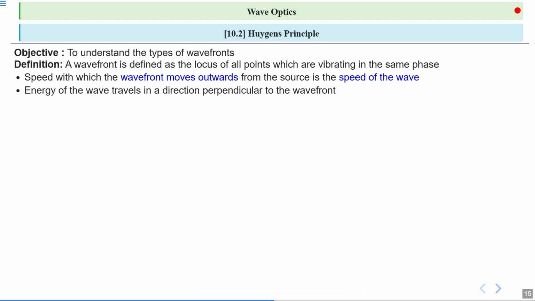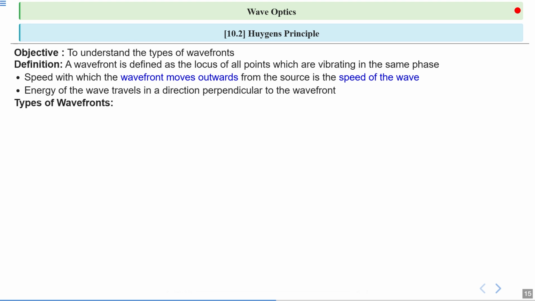So propagation of wave is perpendicular to the wavefront. This perpendicular movement is a key characteristic of wave propagation and helps us understand phenomena like reflection and refraction.